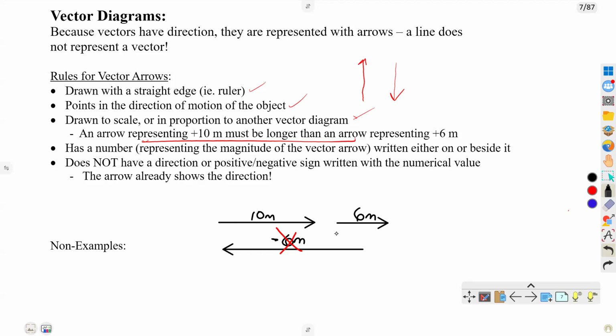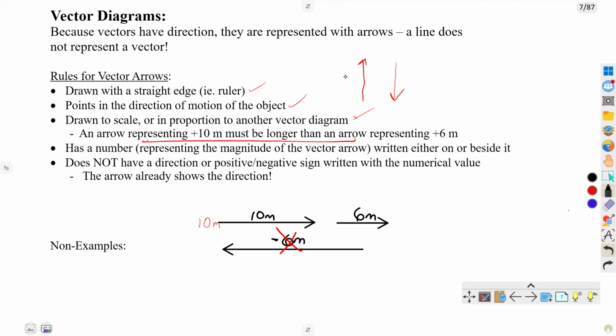We need to have a number either written on or beside the arrow. So again, we put it right up here, 10 meters right on top. You might want to have it beside, so you could put the 10 meters like this. But I find with arrows, it's usually best to do it this way.